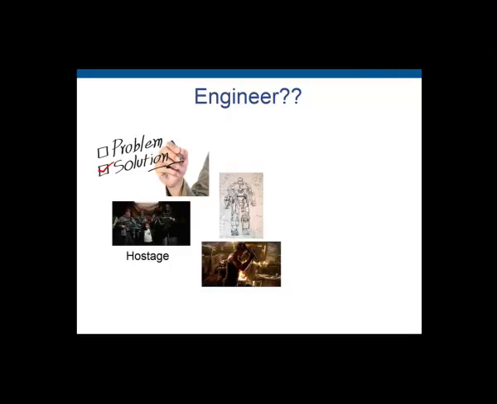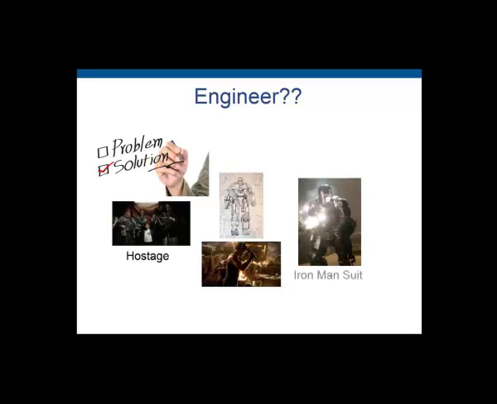This is how he made a solution to escape the cave. So he finally escaped the cave using the Iron Man suit. Here, what I wanted to say is there is a problem, an engineer makes a solution, and then there is a result. Okay? This is what engineers have to do. Make a solution.